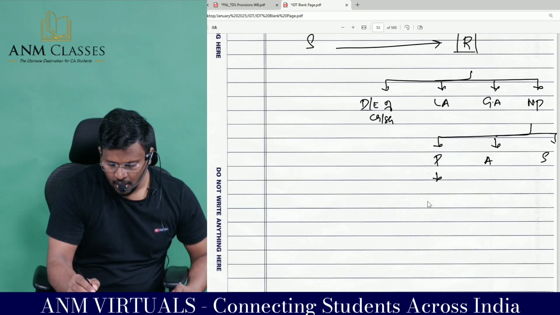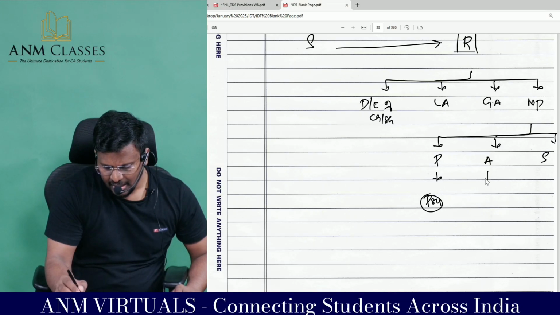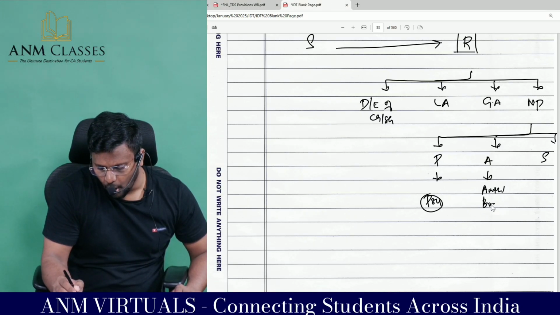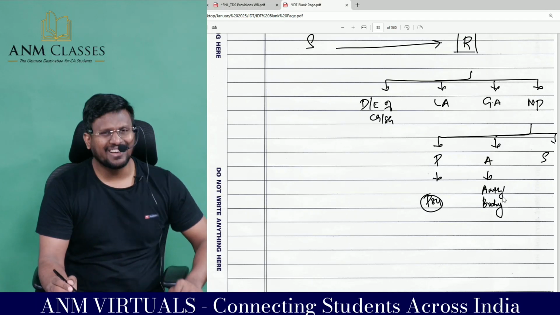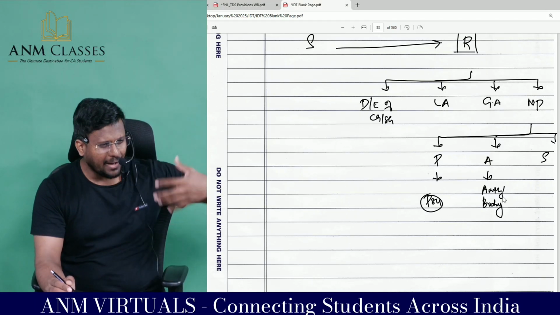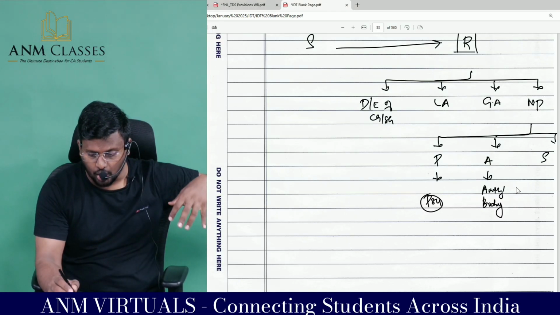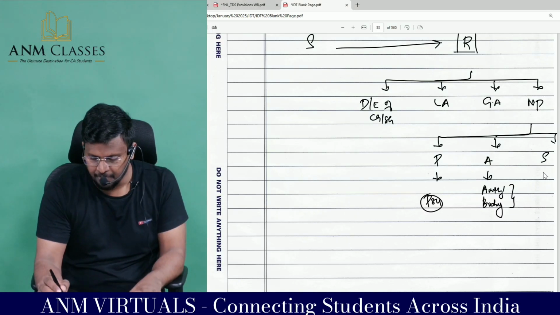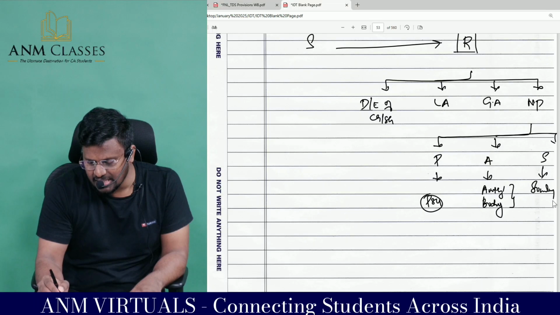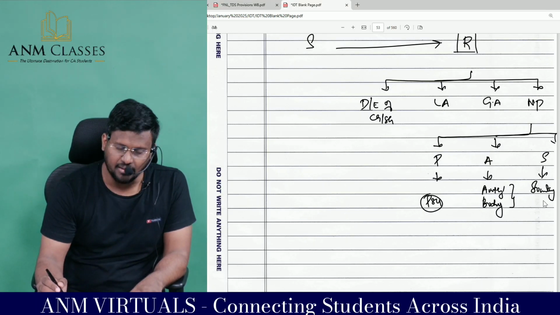P stands for public sector undertaking. A stands for authority or body which has been created or set up under the Act of Parliament or state legislature. In that authority or body, 51% will be held by the government. And the last one is society. This society will be set up by the central government.